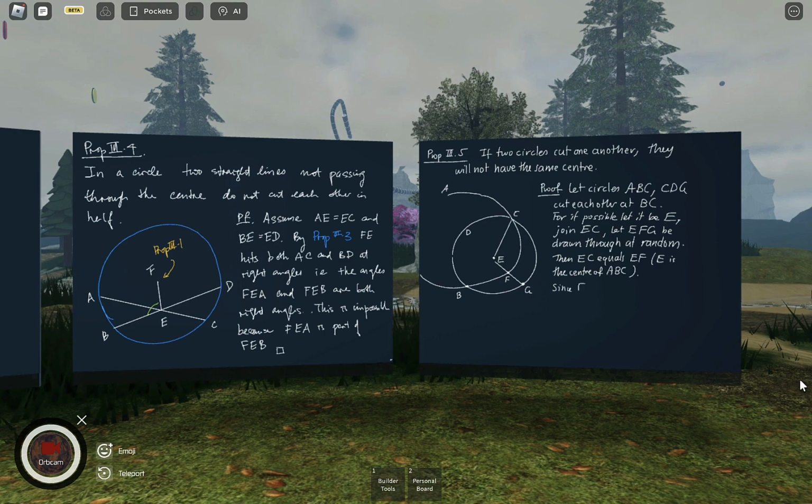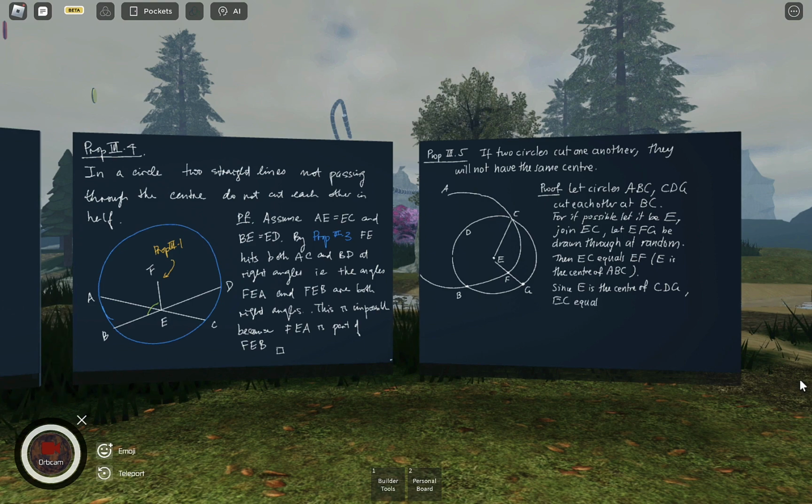And since E is the center of CDG, just keep an eye out for the argument in whether it really matters that this is sort of over here versus over there, because that distinction is not something that belongs to the picture. It's not a real thing unless we prove it is so. Since E is the center of CDG, EC equals EG.